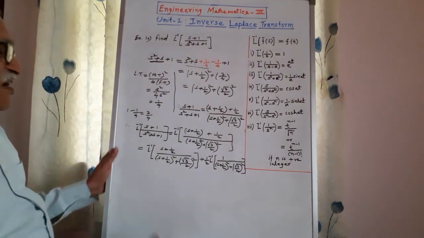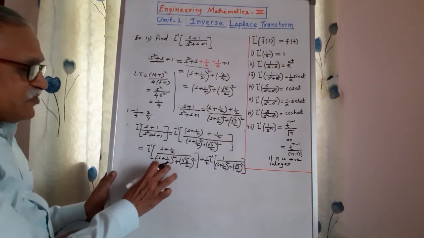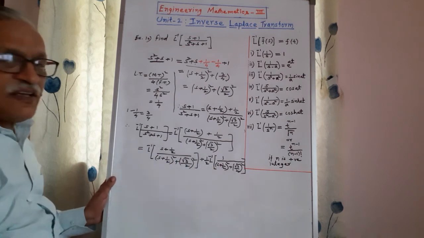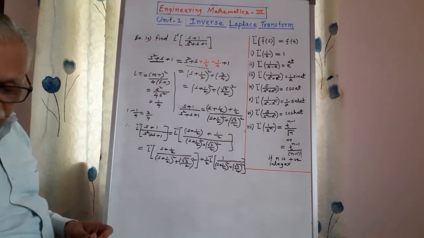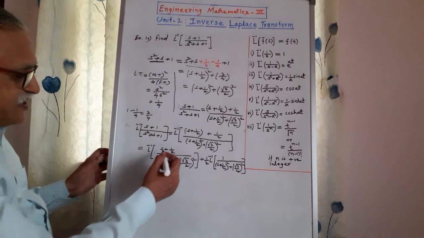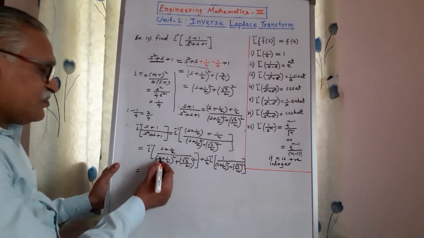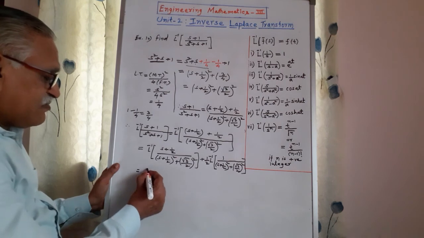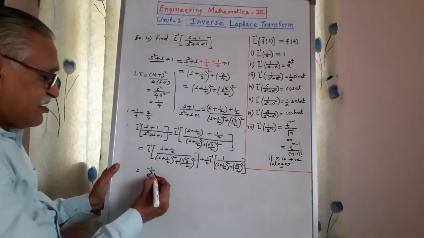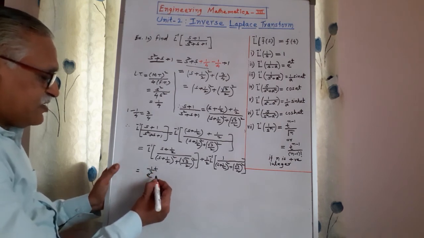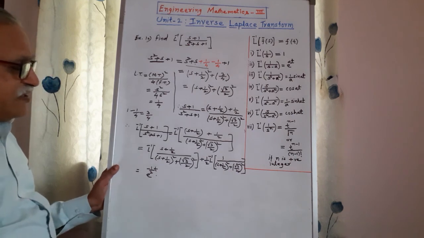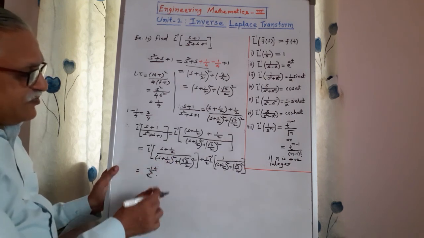Okay, here s is replaced by s plus 1 by 2, here also s is replaced by s plus 1 by 2, meaning it is a problem of the shifting theorem. Therefore applying that shifting theorem, it is e raised to minus at, where a is 1 by 2, times t, into the inverse of the remaining.